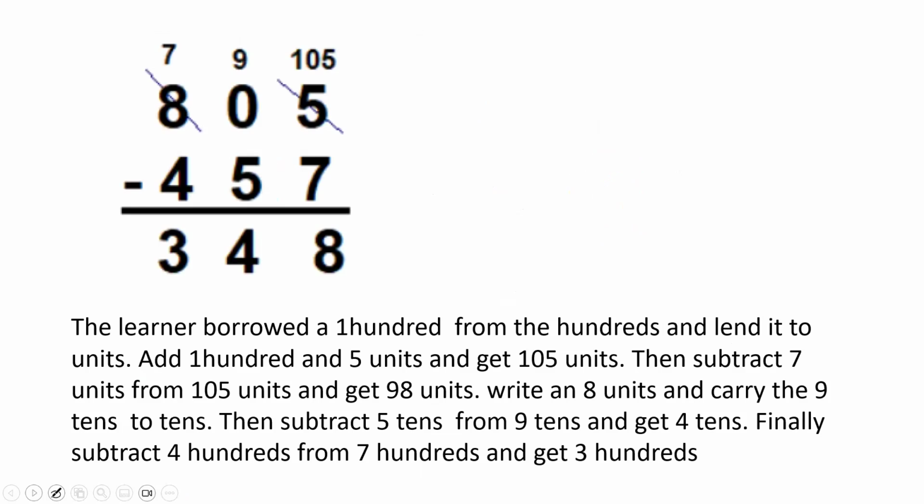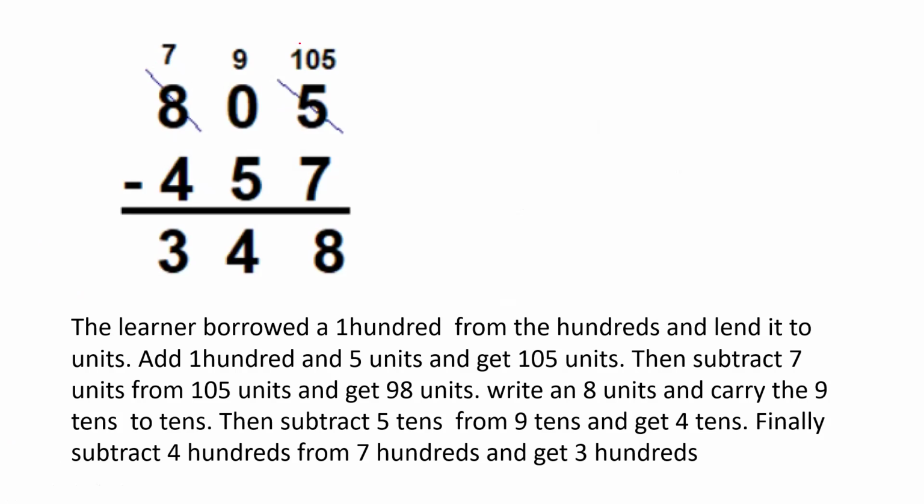Okay, now just for improvement's sake, if you look at this question here, this learner was asked to do this sum of 805 minus 457. In this sum, he goes next door, so he goes to the tens, and the tens didn't have anything. Then he goes to the hundreds, and then he borrowed 100 and crossed out the 8 and left with a 7.